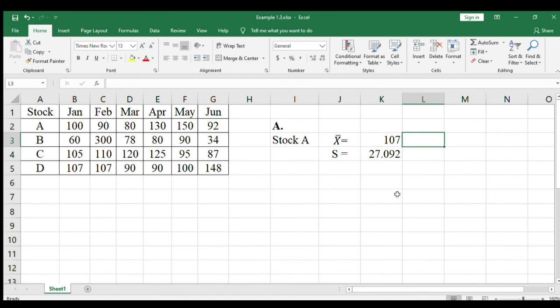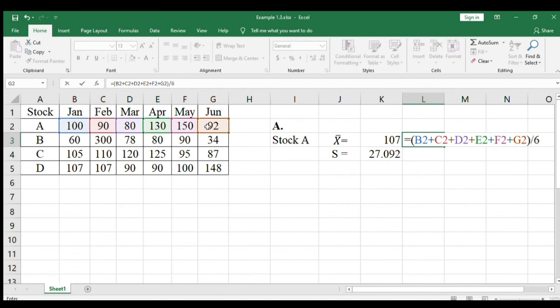And you can use the formula to calculate the sample mean of stock A. Just sum up the stock prices and divide it by the number of observations, 6, so you get the same amount.